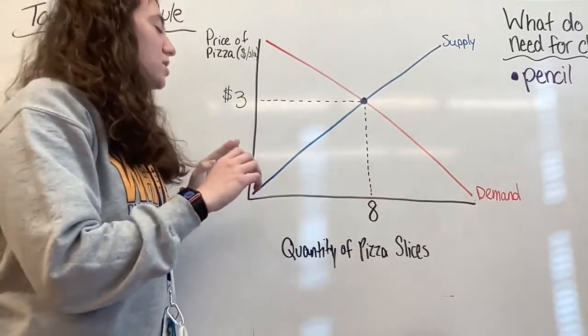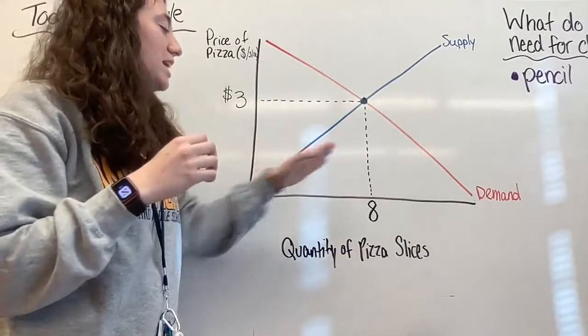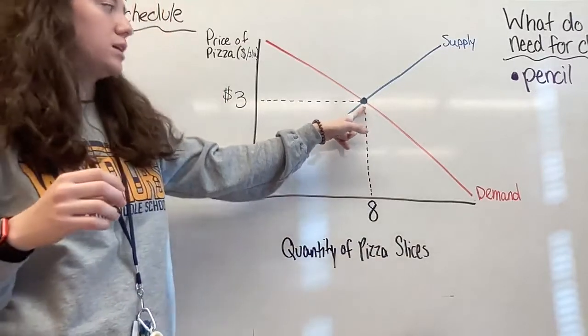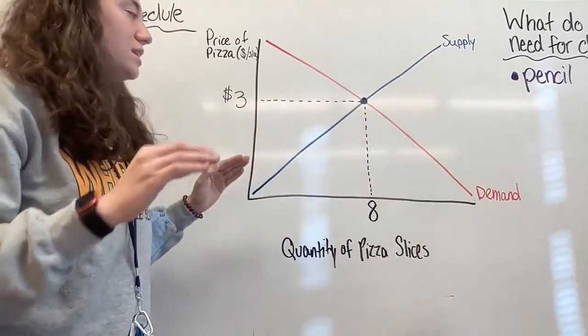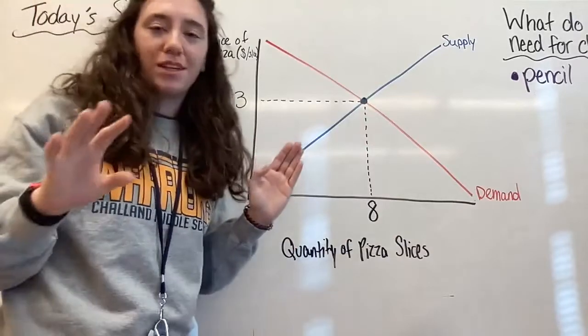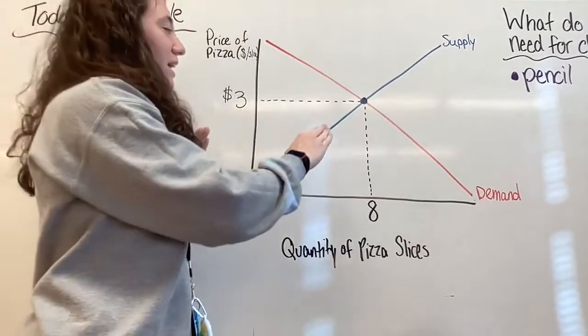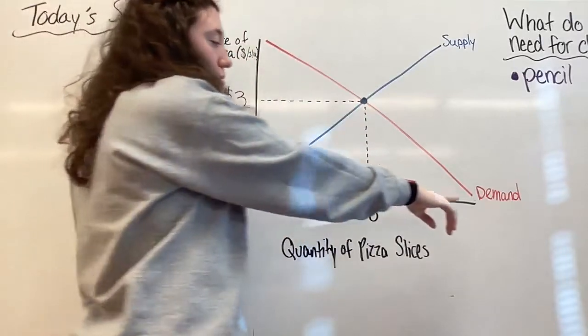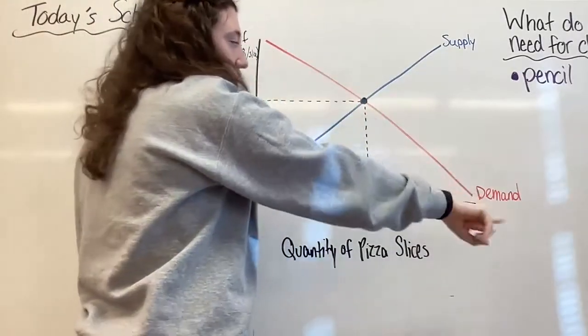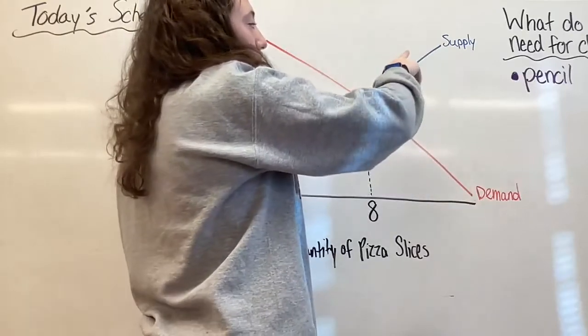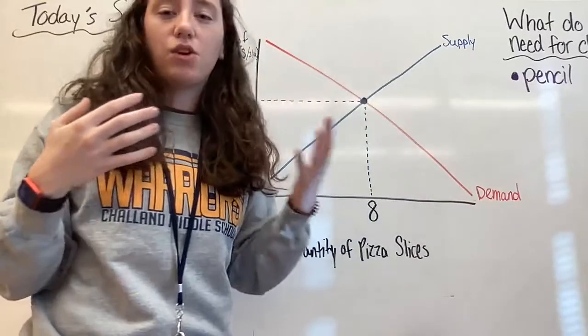What you want is something called an equilibrium, which is right here. You want an almost equal amount of people wanting pizza, which would be the demand, that's red here, and the quantity of pizza that you could produce.